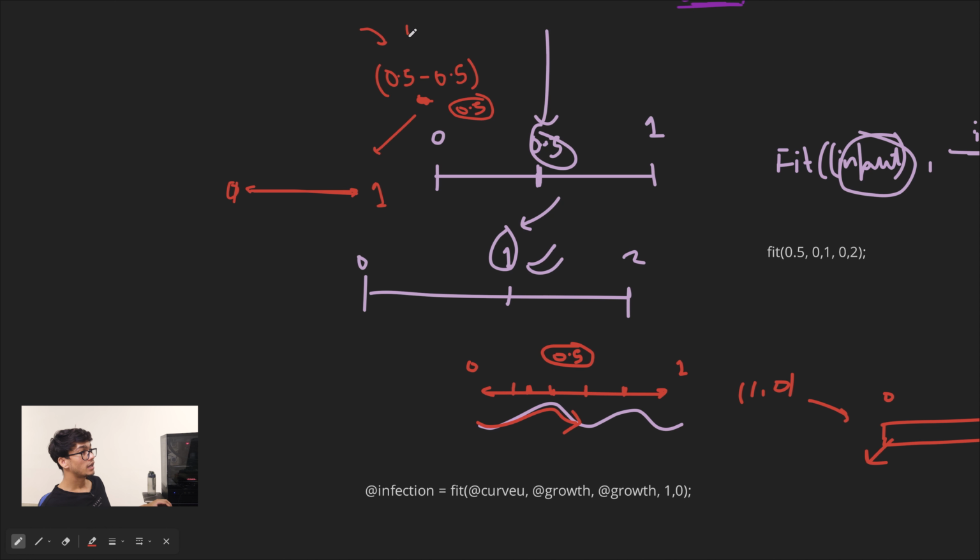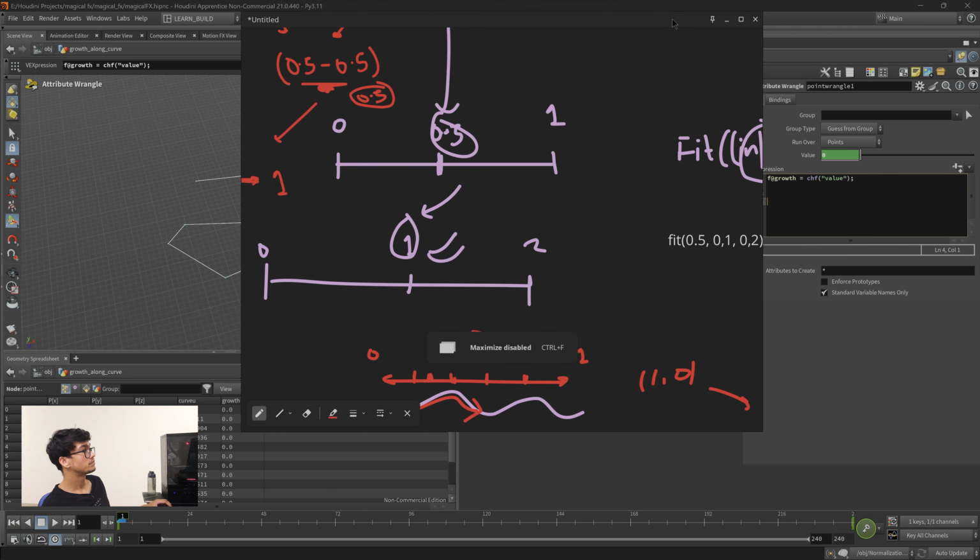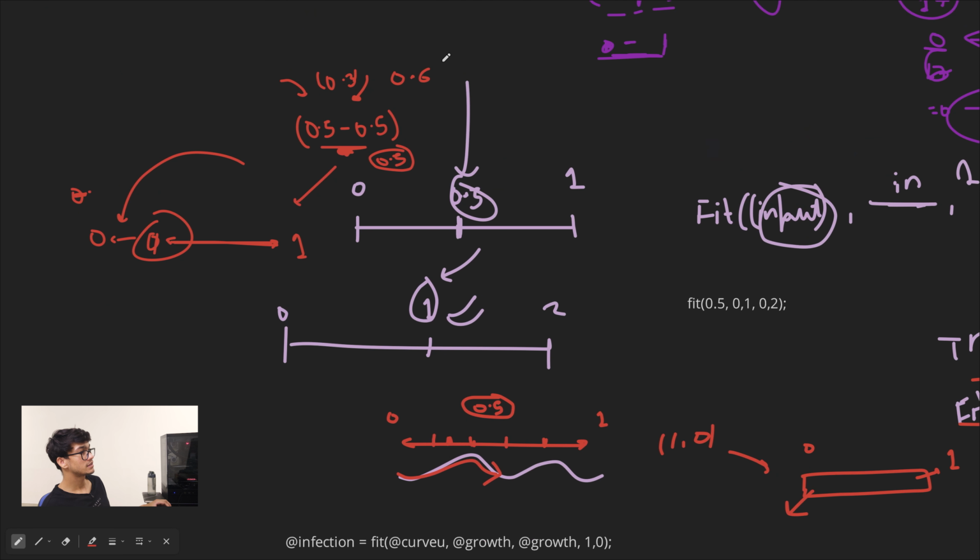If the value we are inputting is 0.3 and we want to see where this 0.3 exists in this range, it doesn't exist on this range, so it will give you the value 0. And if I say I have 0.6, it doesn't exist here, but it exists at this part, so we will get the value 1.